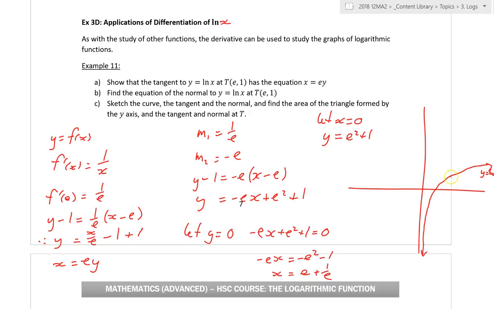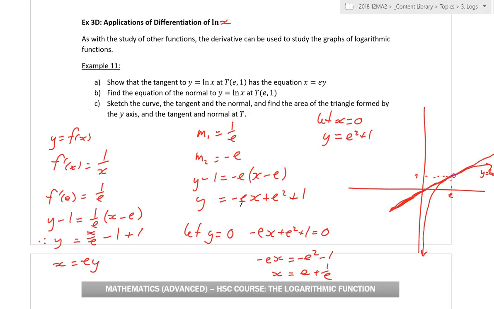That's over here somewhere. That's e. That's 1. Now my tangent there, it's about as good as that line's going to get, I'm afraid.